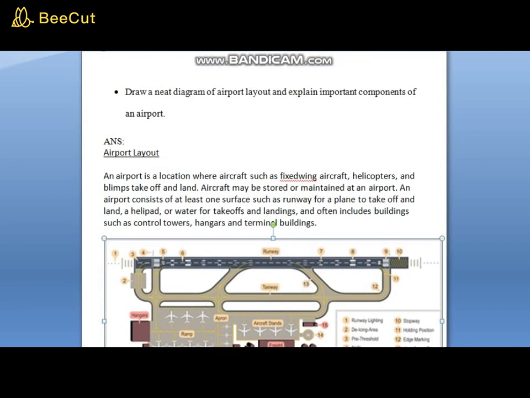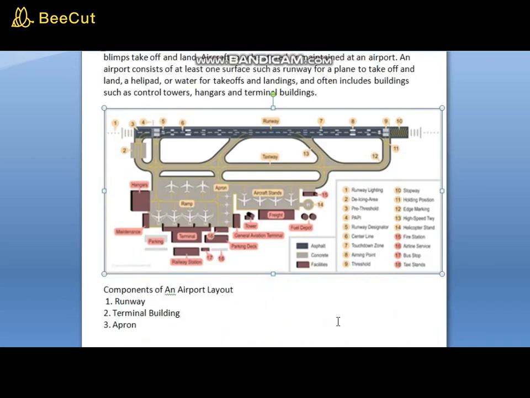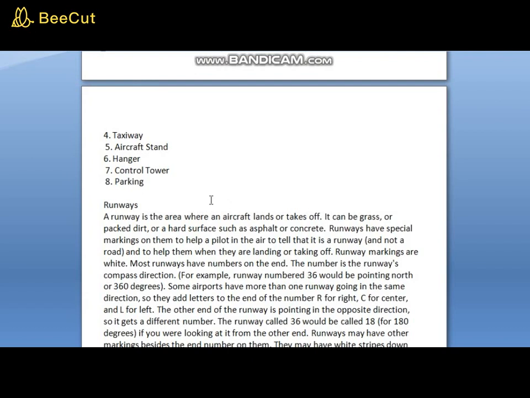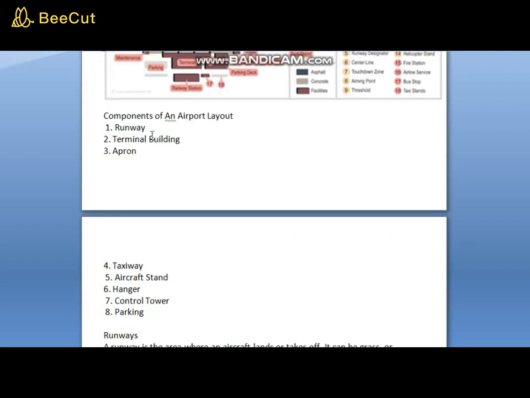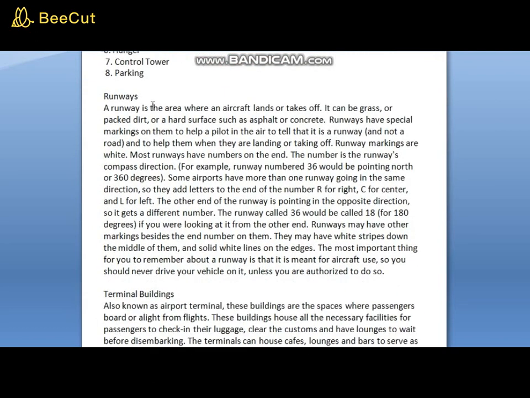Now we need to see each in detail. When the question is for 10 marks or 5 marks, we need to describe those components in detail also. So let us see runways, the first component, and explain it in detail. A runway is the area where an aircraft lands or takes off. It can be grass or packed dirt or a hard surface such as asphalt or concrete.